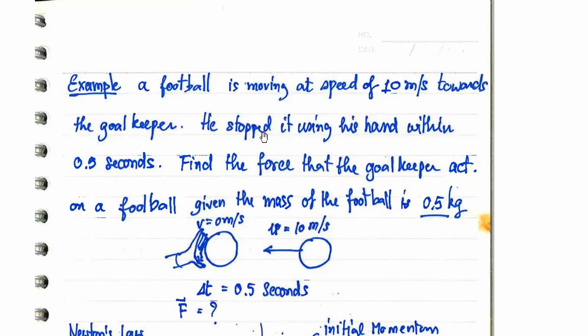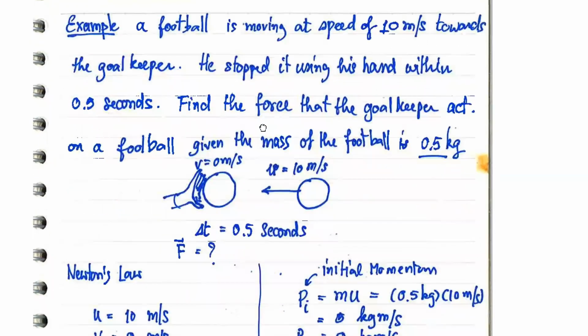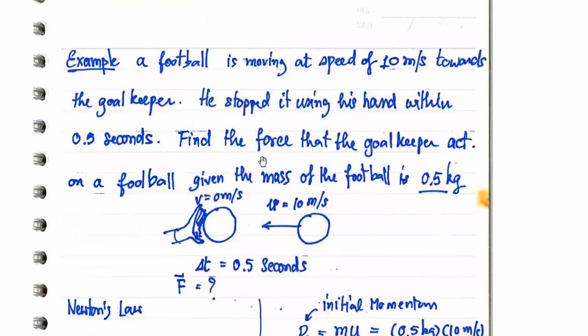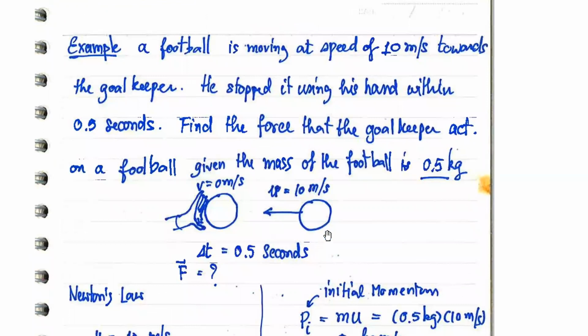Well, this is a typical Newton's law application, but it can be considered in terms of momentum also. You have the ball initially moving with the speed of 10 meters per second, and then at the end the ball stopped. Velocity is 0.